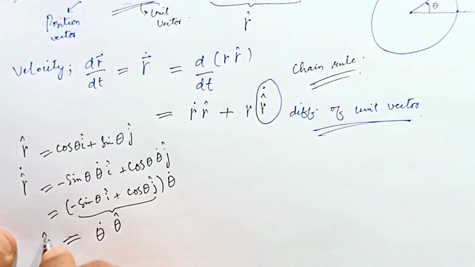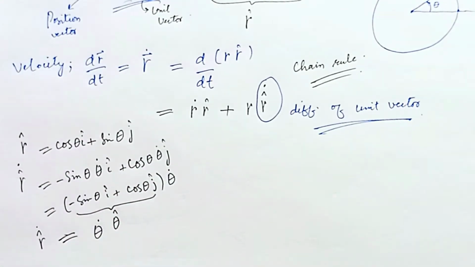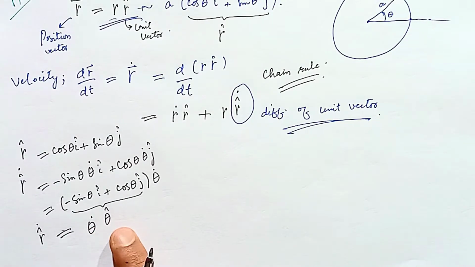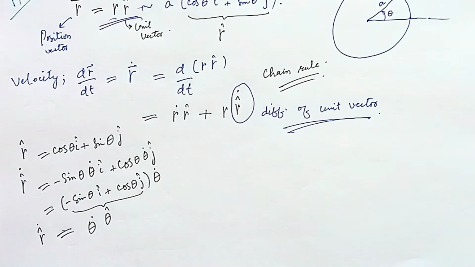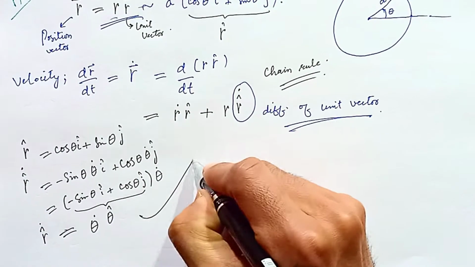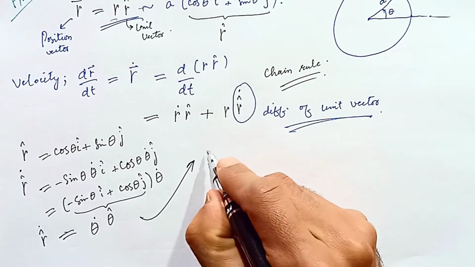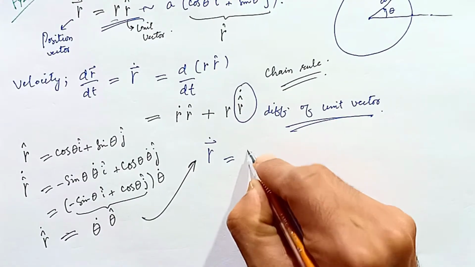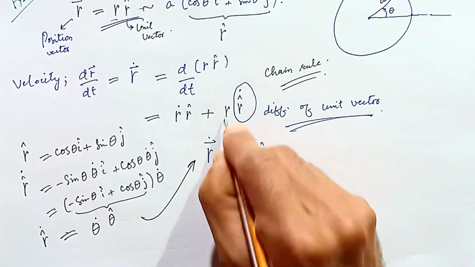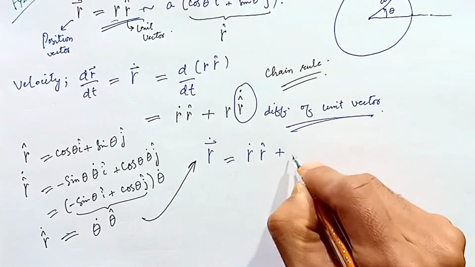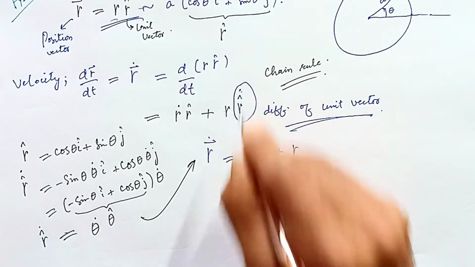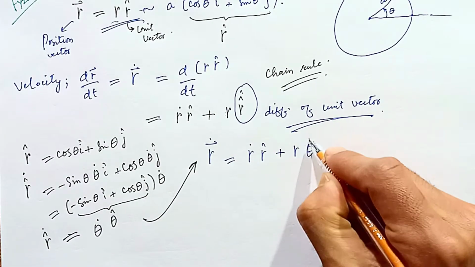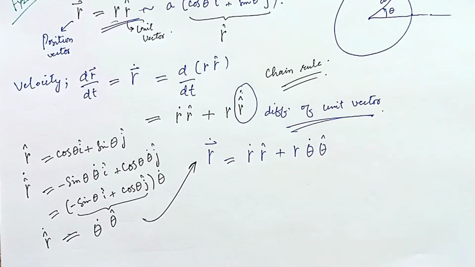The derivative of the unit vector r hat is theta dot theta hat. Substituting it here, r dot will be equal to r dot r hat plus r times r hat dot, that is theta dot theta hat.